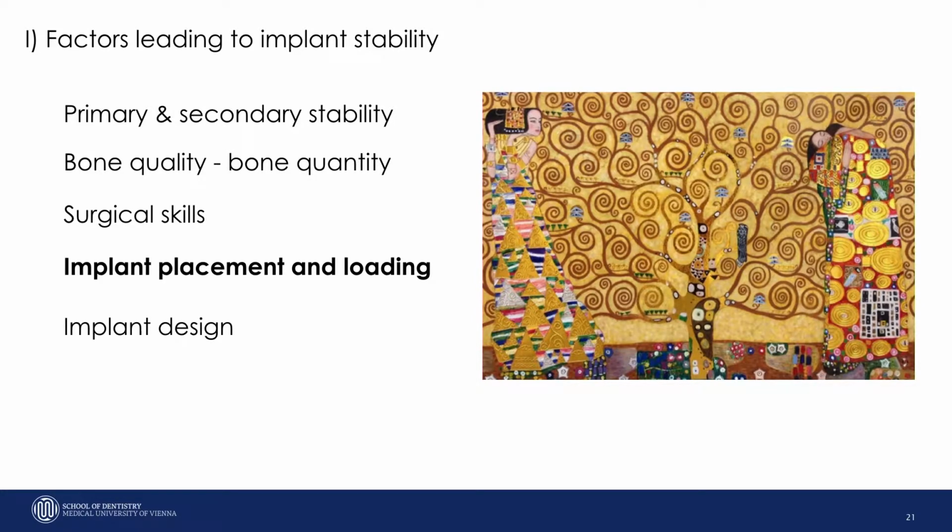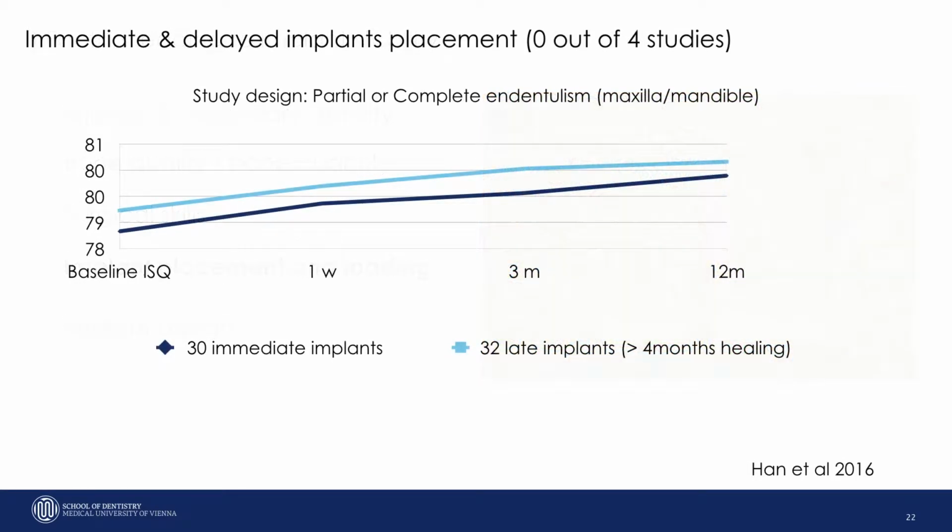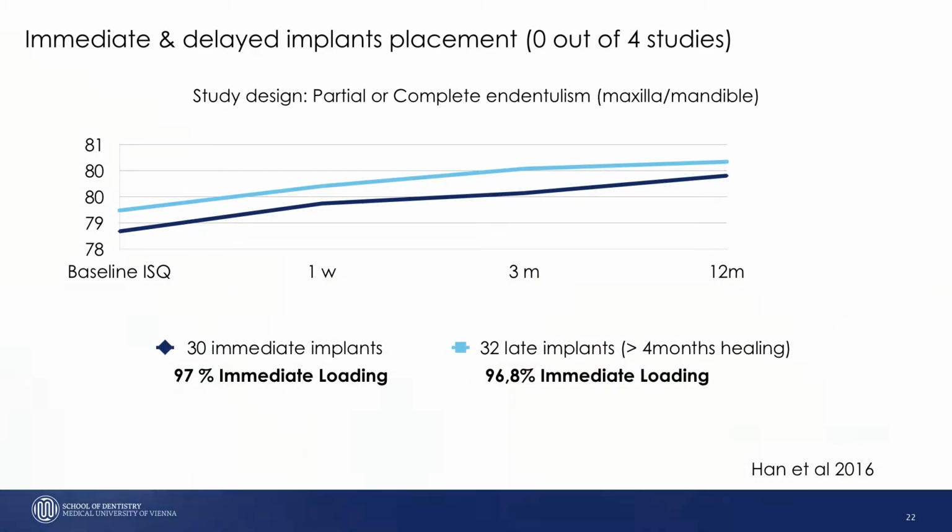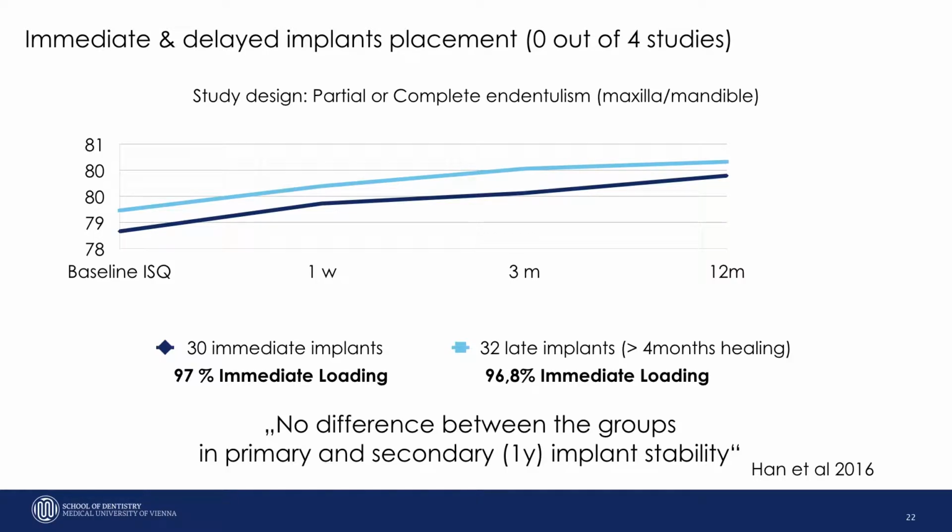Implant placement and loading. So we were really focusing on prospective studies, measuring the implant stability and the loading time, and we found 4 studies which fulfilled the criteria for inclusion in our systematic review, and we found 30 immediate implants and 32 late implants, and 97 and 96 underwent immediate loading, and there was no difference if you go for immediate or a delayed implant placement.